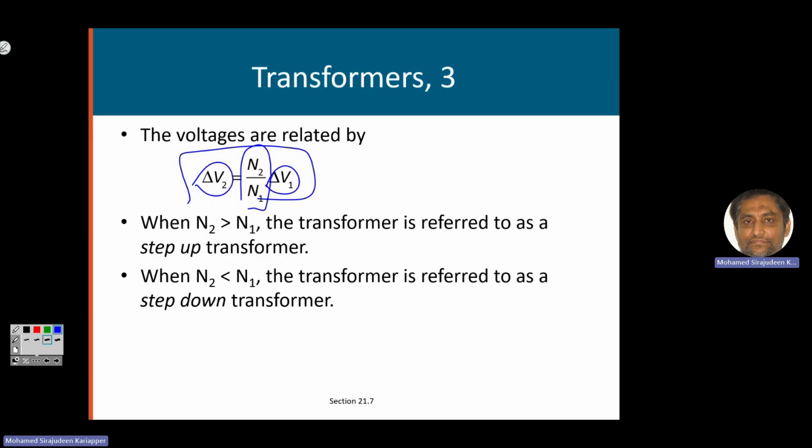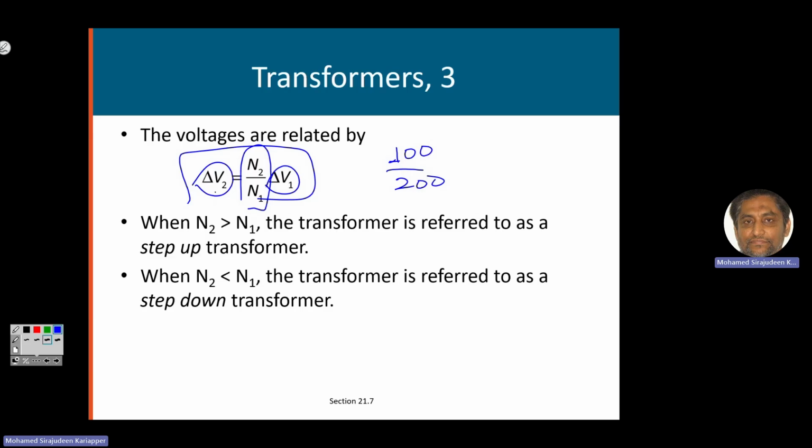But suppose N2 is twice, say it is 200 and N1 is 100. Then the secondary coil voltage will be twice the primary coil voltage. You can decrease it also if I make it the other way around. N2 is 100 and N1 is 200, then you are making it half. So this is the principle of the transformer.